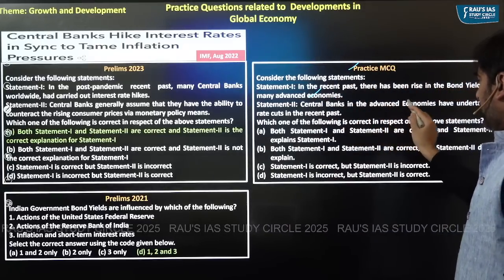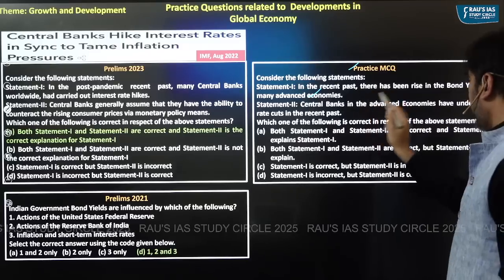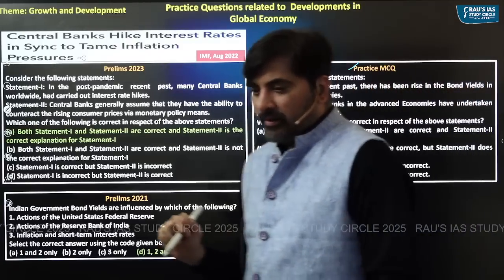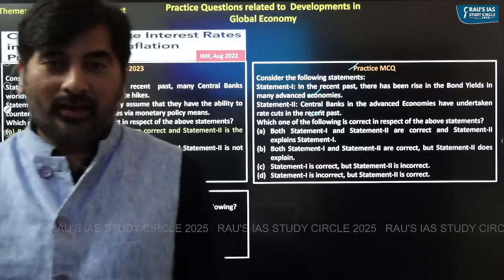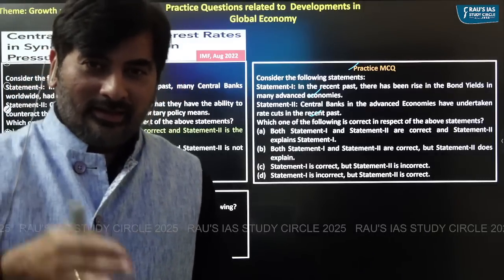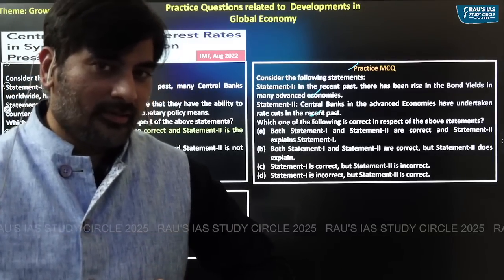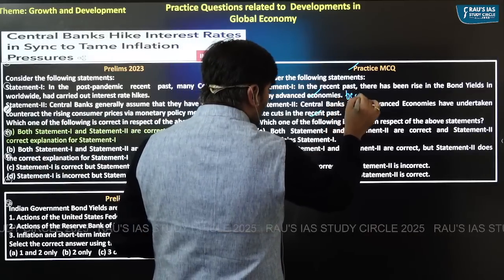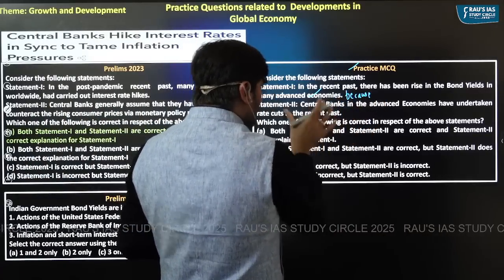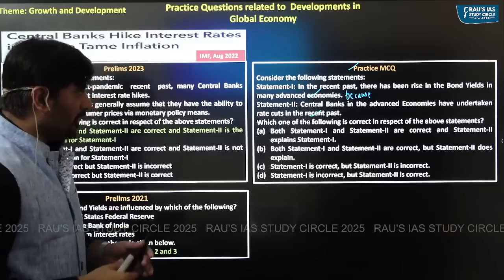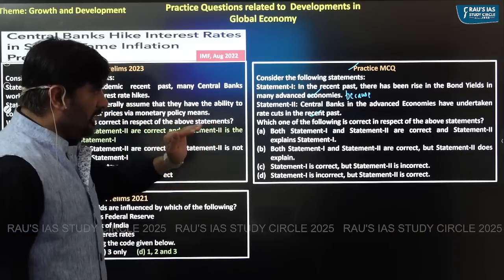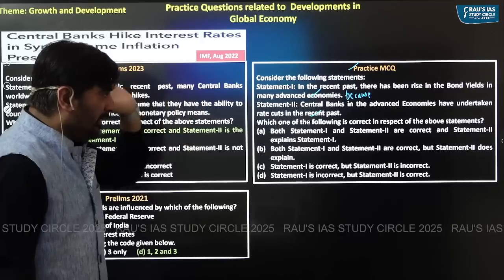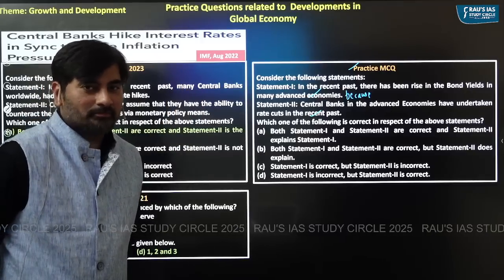Central banks in the advanced economies have undertaken rate cuts in the recent past, which is also correct. But the problem here is, is the second statement explaining the first statement? Let's add the word because after the first statement, and let's see. In the recent past, bond yields in advanced economies have increased because central banks have undertaken rate cuts.